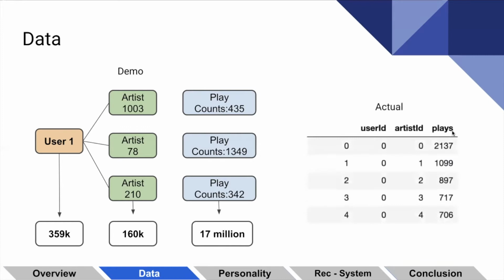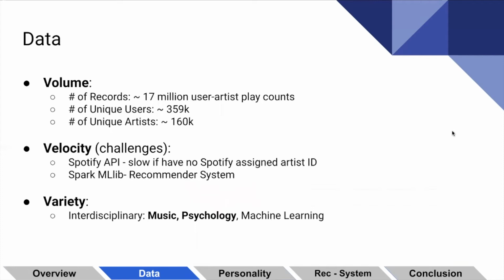On the right is the actual dataset. Because of its large volume and relatively unorganized artist name denotation, it creates many lags during the data processing stage. For example, in the later section, the Spotify API is used to get the artist genres.